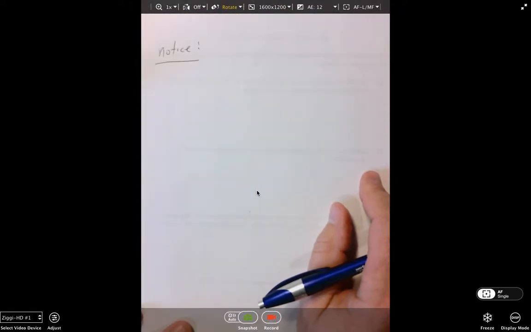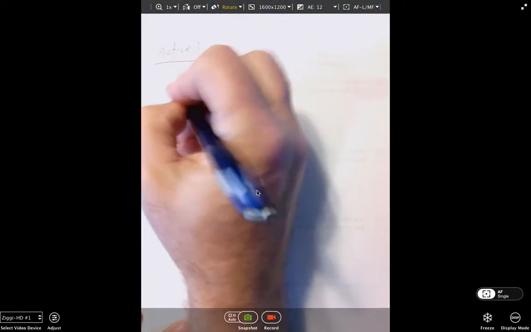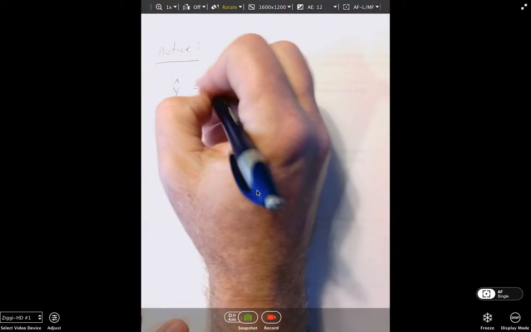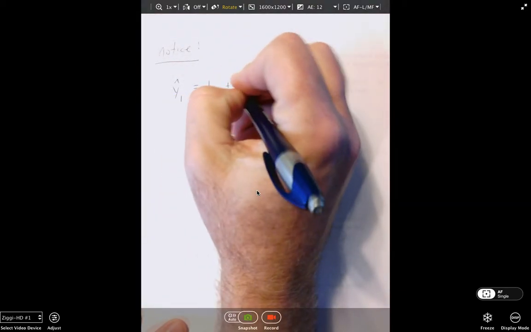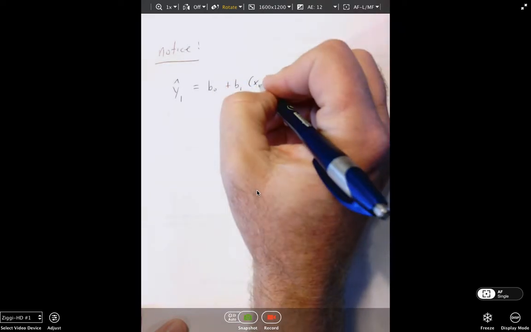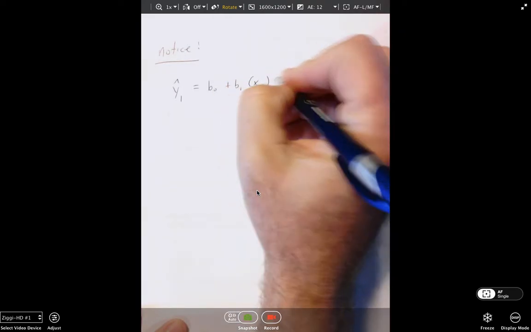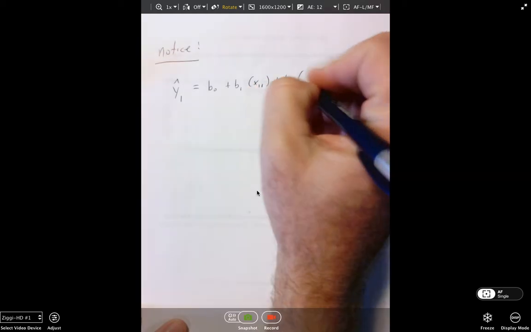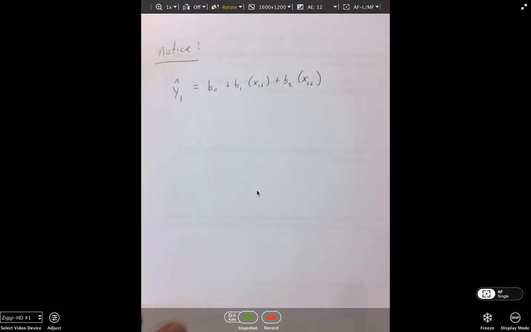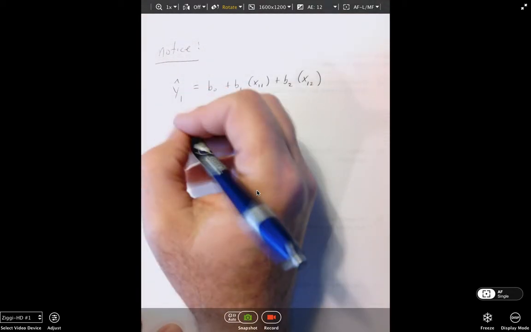Notice that our predicted value for the first observation, beta 0 plus beta 1 x1 plus beta 2 x2, is going to be the same as the other one.